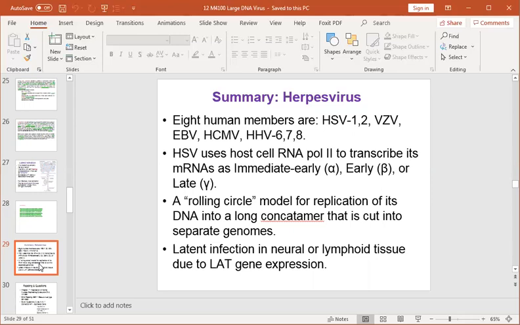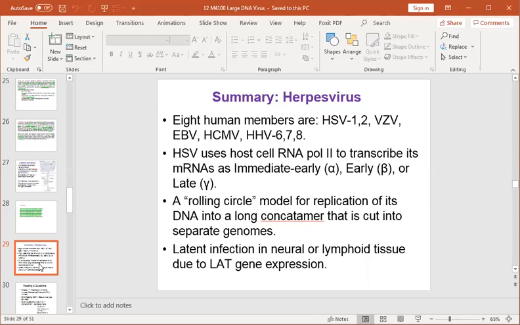The messenger RNAs are immediate early within minutes. They produce alpha gene products, early produce beta gene products, and late produce gamma gene products. Early gene products, beta, are mainly enzymes required for DNA synthesis, and late gamma gene products are mainly structural proteins.